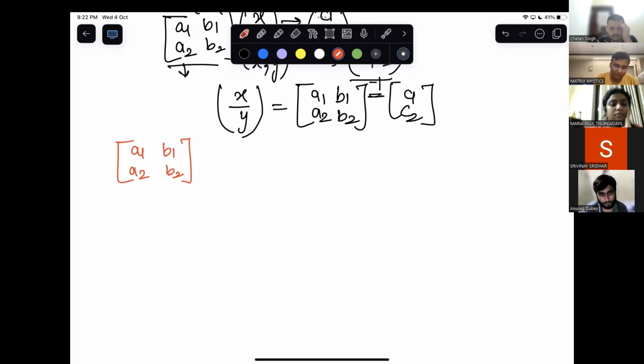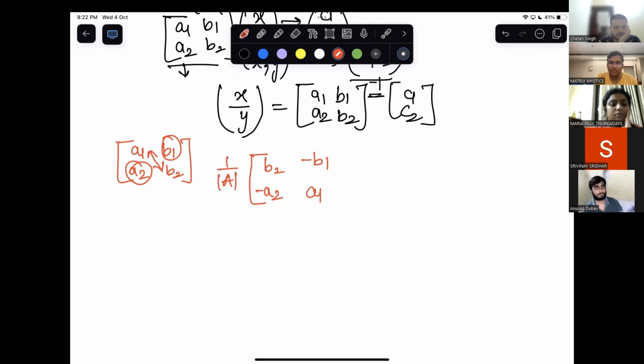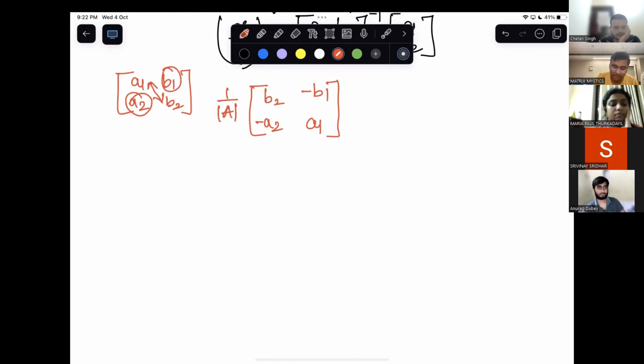What you are going to do is interchange these two diagonal entries, so that the inverse would look something like this: B2, A1. Put a negative sign over the other entries, minus B1, minus A2, and just divide it by the determinant of A. Let me take an example to elucidate it further: 4, 5, 0, minus 1.